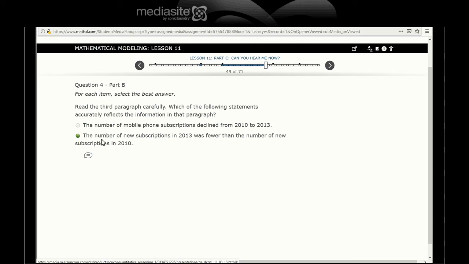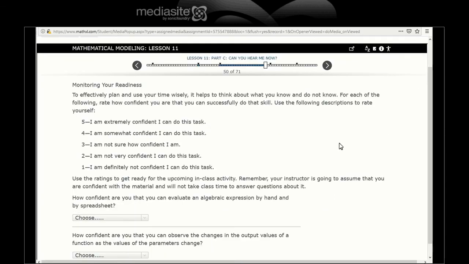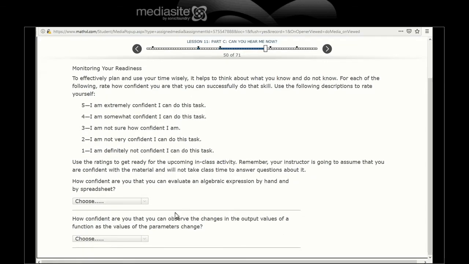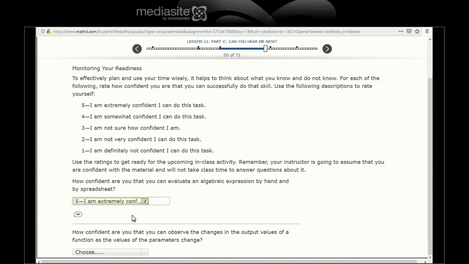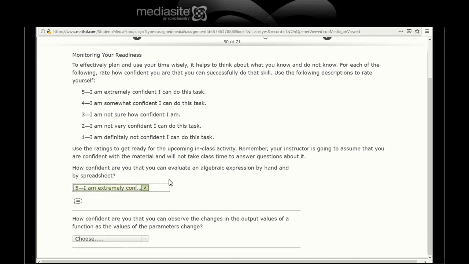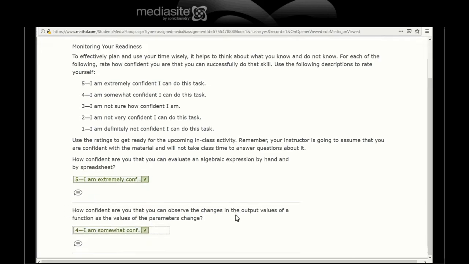Interesting. It's by spreadsheet: observe change in the output value of the function as the values of the parameters change.